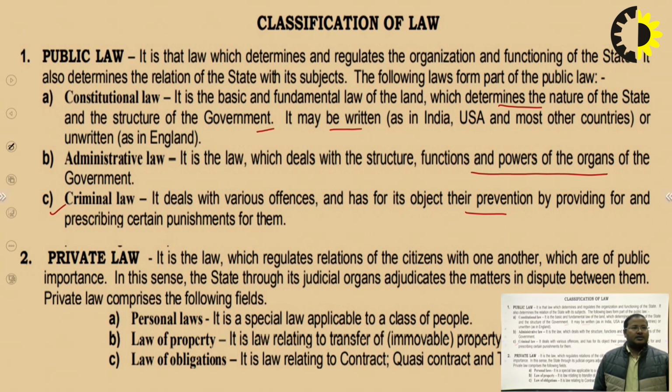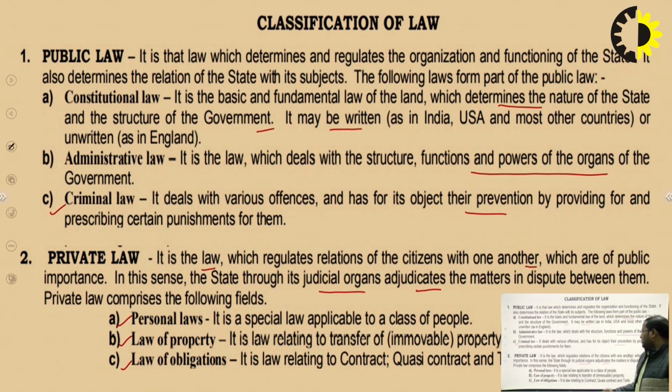The other major category is private law. It is the law which regulates the relations of citizens with one another, which are of public importance. In this sense, the state through its judicial organ adjudicates the matter in dispute between them. Private law has the following fields: personal law, law of property, law of obligation.